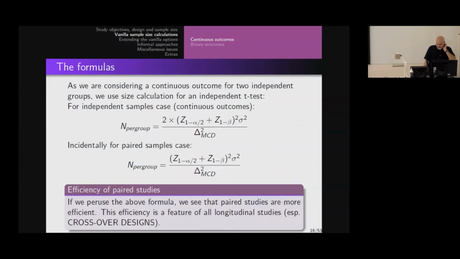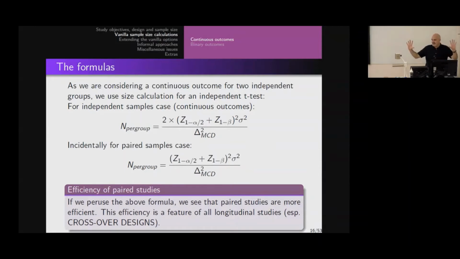Just out of interest, if we do look at that formula straight away, we can see that the paired formula is more efficient. All else being equal, it only requires half the number of patients. That's because any difference must be due to the treatment. It's the same person, so any difference must not be due to the person.